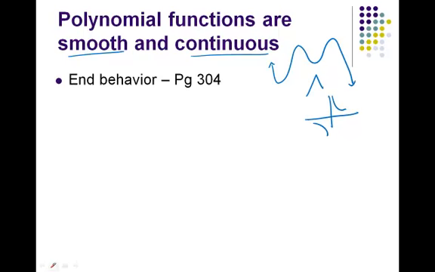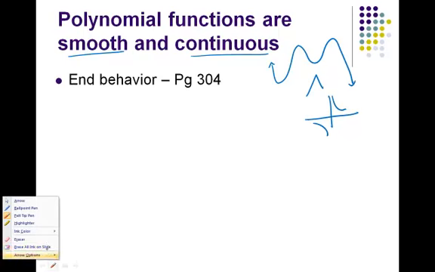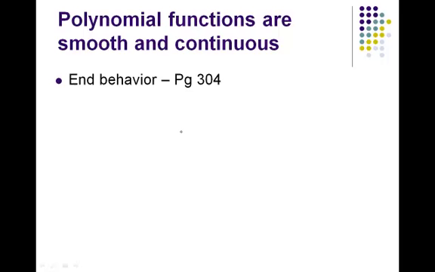One of the things that we look at to help us graph polynomial functions is their end behavior. And on page 3 or 4 in your text, there is a little chart about end behavior. What we're talking about here is what happens as x approaches infinity or as x approaches negative infinity.